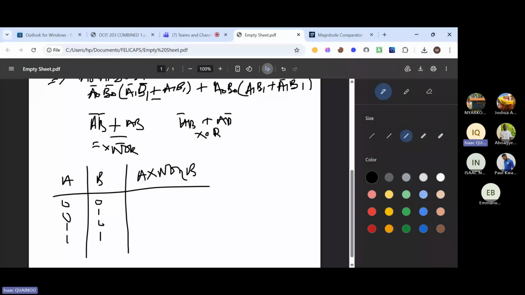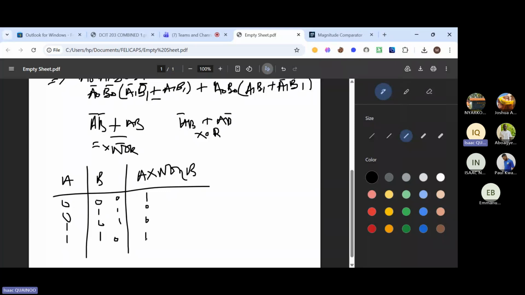You know that the OR operation returns a 1 if at least one of the inputs is 1. But exclusive OR only returns a 1 strictly when one input is 1. So this becomes 0, this becomes 0, this becomes 1, this becomes 1, right? But when you are dealing with exclusive NOR, we invert the result from exclusive OR. So we are going to get 1 0 0 1.